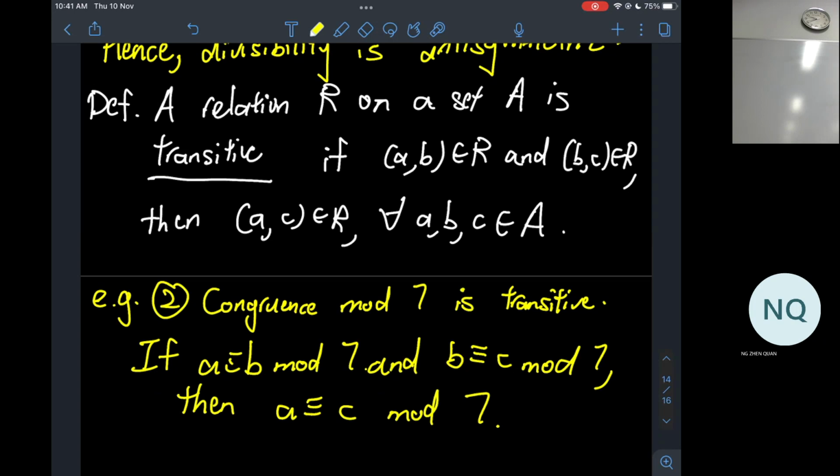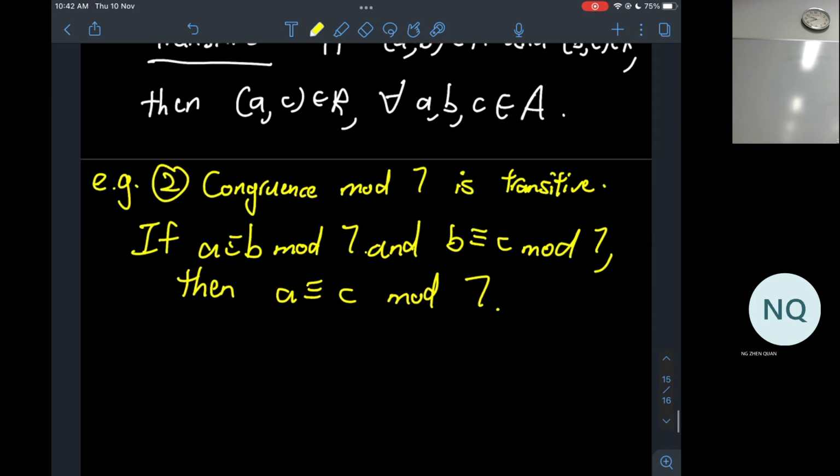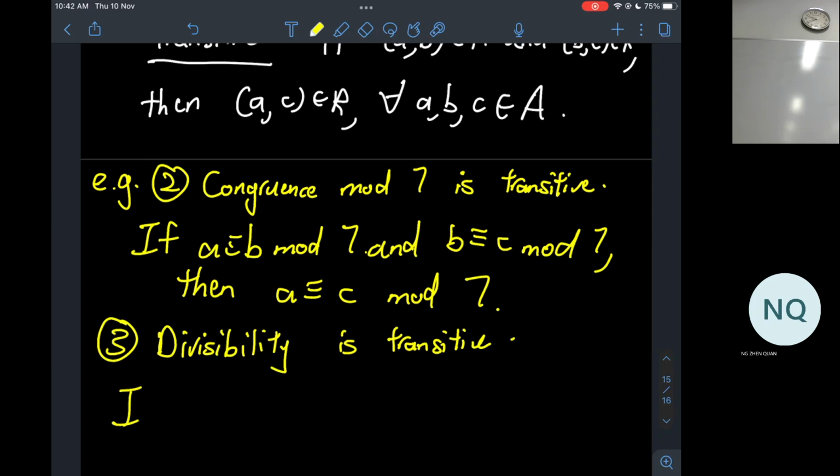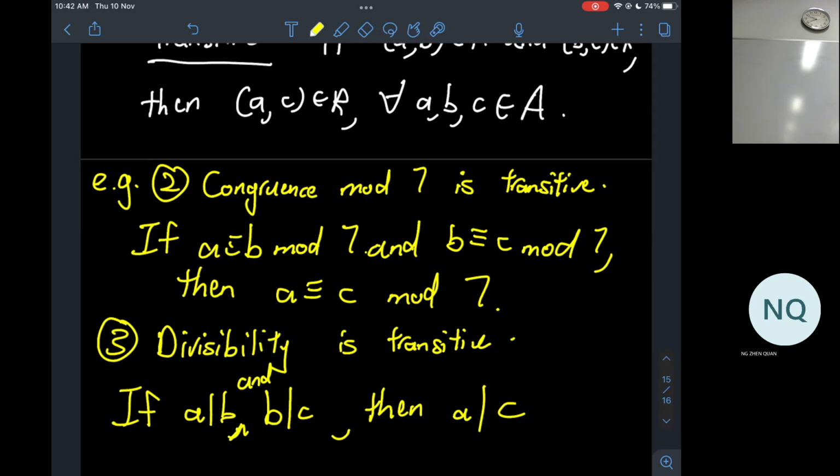Have we done this? This one should be fine, right? This one just refreshes your memory. Divisibility is also transitive. If a divides b and b divides c, then a divides c. I think we proved this one before in class.